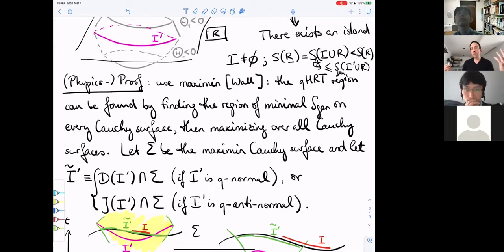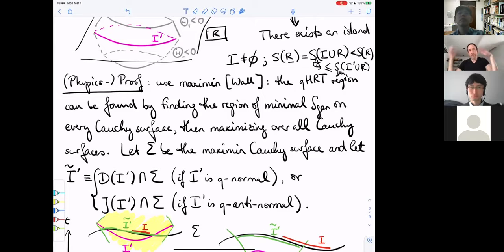What does the Maximin prescription say? Instead of telling you in one step to just find the smallest area stationary or smallest S-gen stationary surface in the bulk, it tells you to look at all possible Cauchy surfaces in the bulk. On each one of them, find the minimal S-gen surface, and then maximize over all of those.